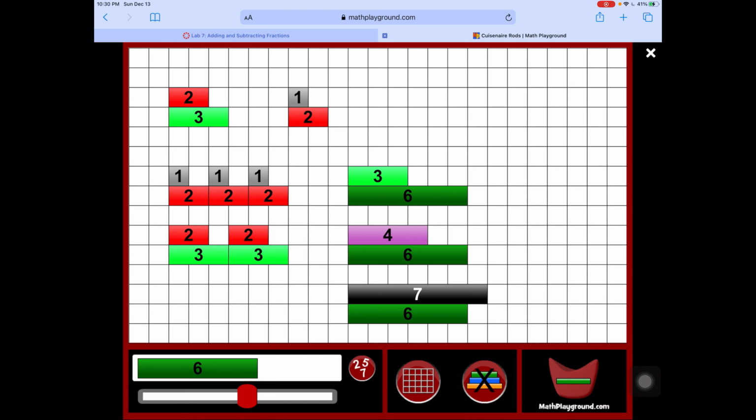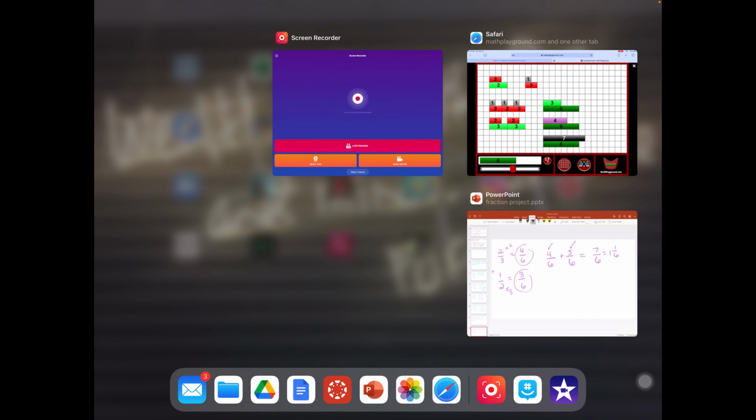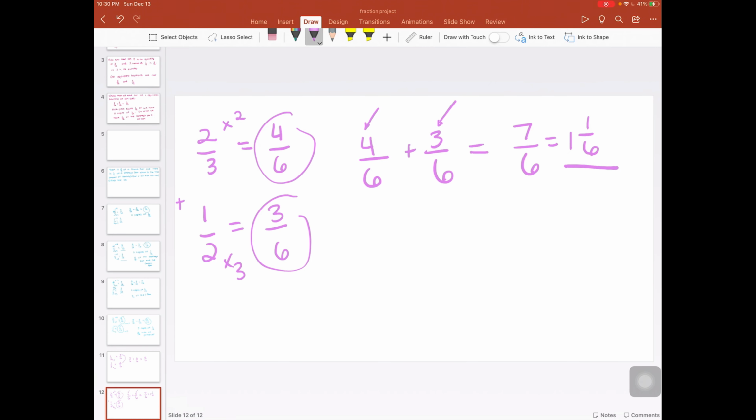So to represent that as a mixed number, we have 1 and 1/6. So we have one whole. Here's our whole. And we have our second piece, and this is shaded.